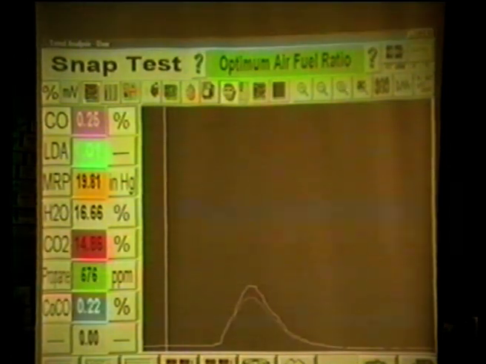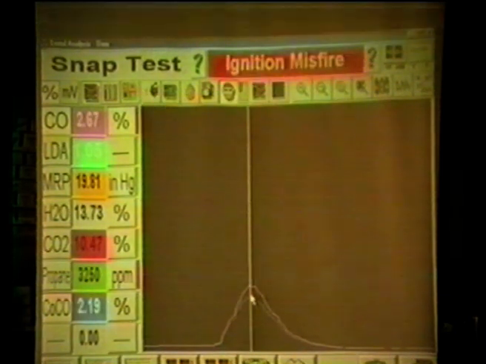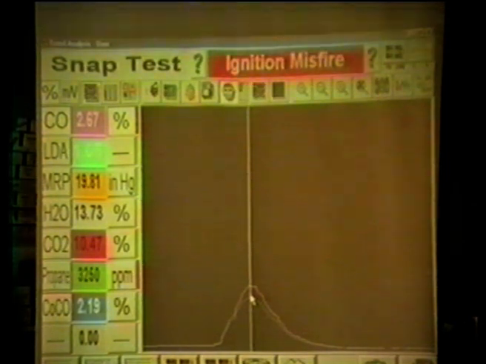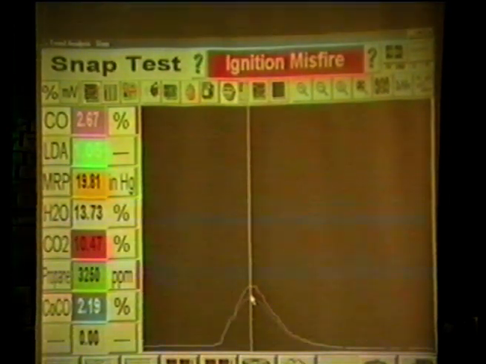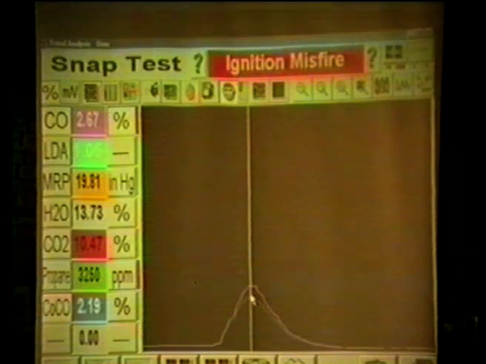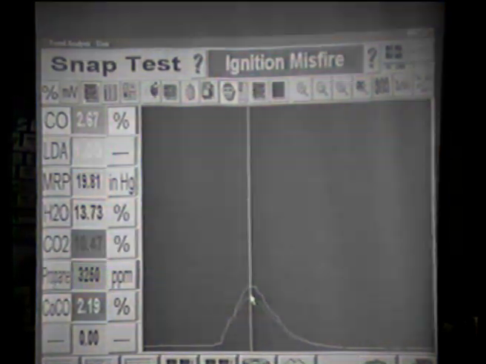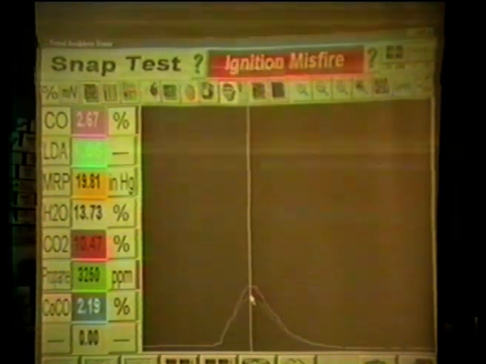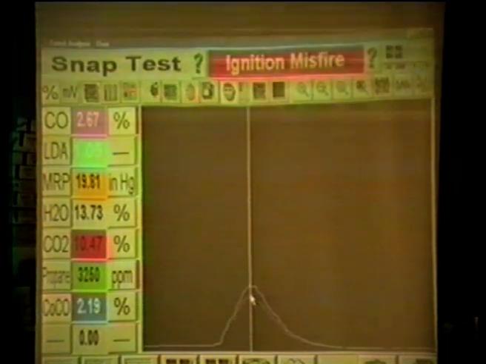When the real CO exceeds the corrected CO, what it means is that corrected CO is the amount of CO we're expecting to see, knowing full well that we have measured the carbon dioxide and counted the carbon atoms, and there's only so many carbon atoms left over to form CO. And that's the corrected CO. When the real CO exceeds the corrected CO, it means that there is more carbon monoxide present in the exhaust stream than could possibly be put in there by the fuel.